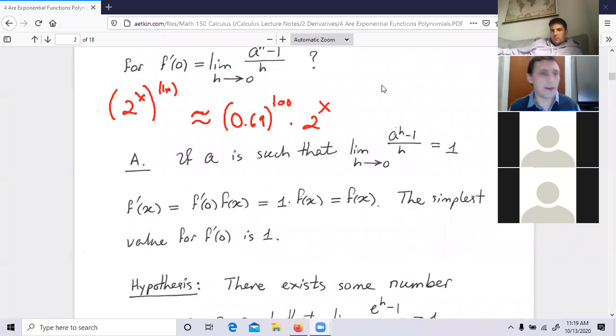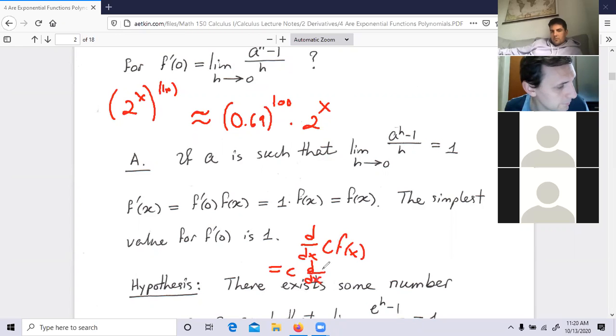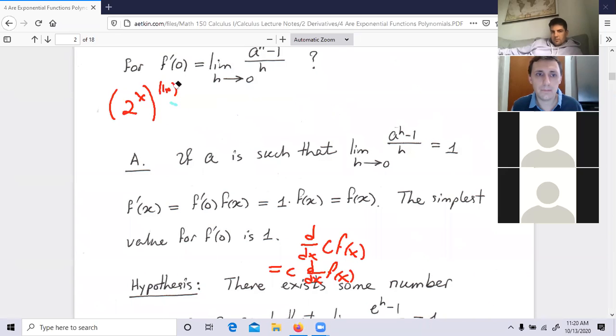We have that if I have a constant times a function and I take the derivative, that just ends up being the constant times the derivative of the function. That's what I'm using here, right? So I took derivative 1, so I just move across the 0.69 and then another one drops. That's the idea. Good?